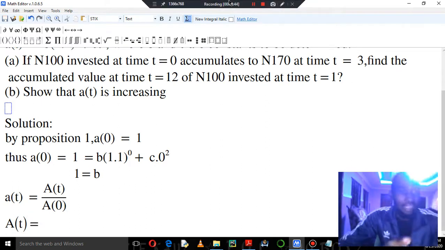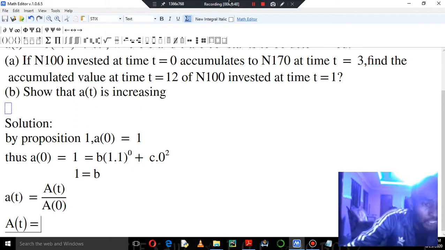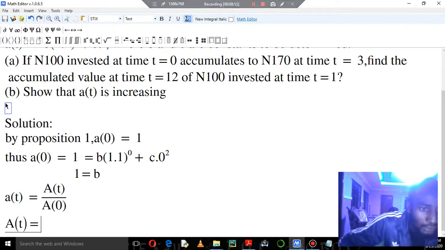So now the formula for capital A of t, when you cross multiply, this small a of t times 1 is all over 1.